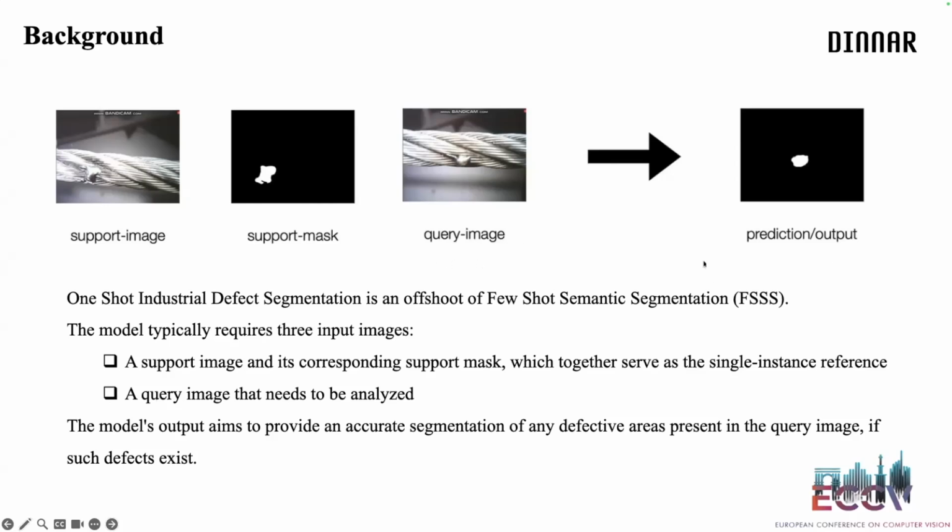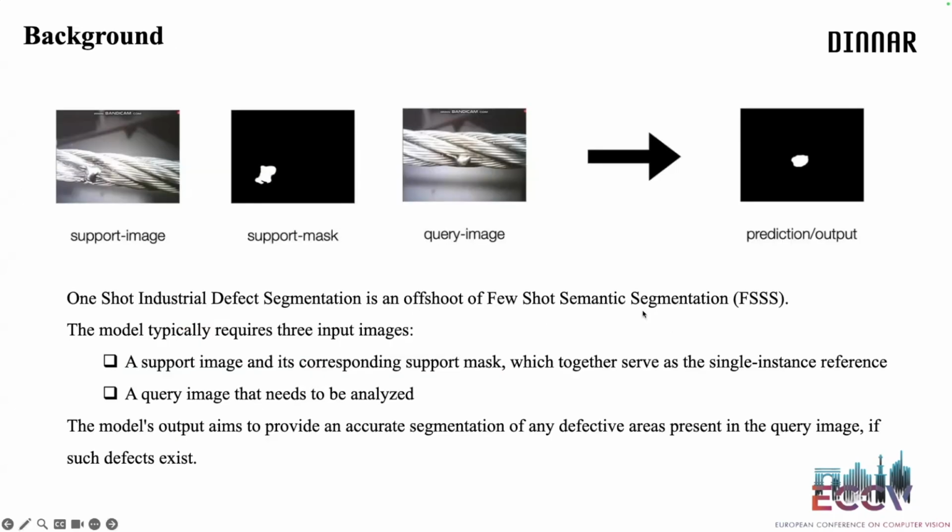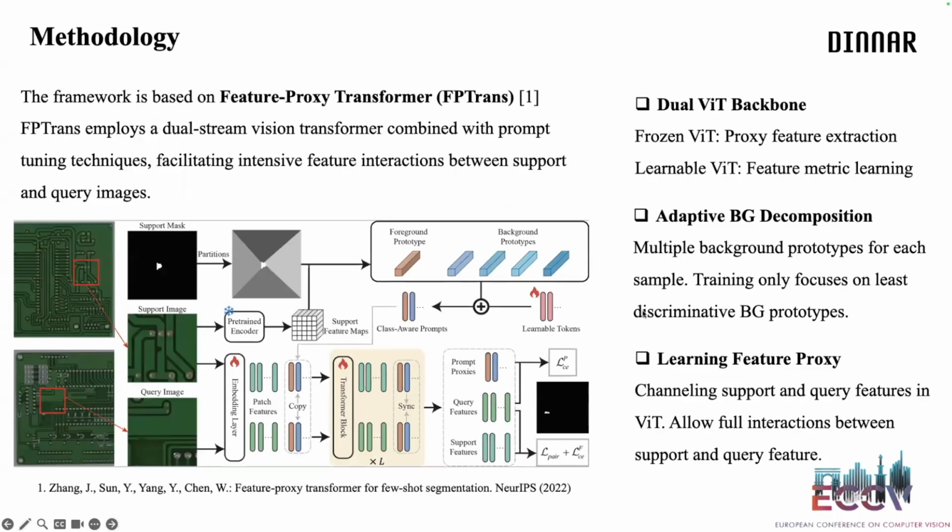And the model needs to predict the defect mask. So we simply borrow from few-shot semantic segmentation a model called the feature proxy transformer, the FP transformer. You can refer to the paper for more detail.